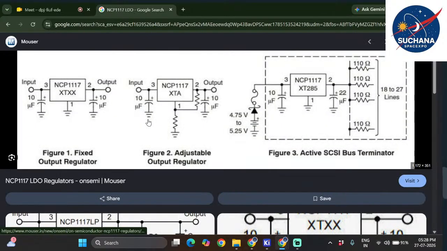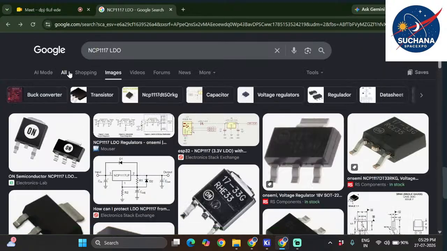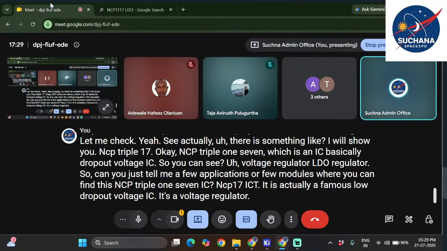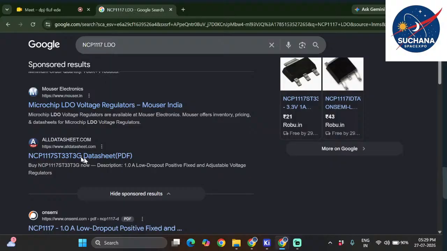Can you tell me a few applications or modules where you can find this NCP1117 IC? It is actually a famous low dropout voltage IC, a voltage regulator. Any idea where you can find it?